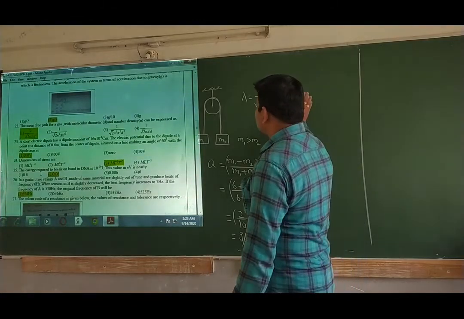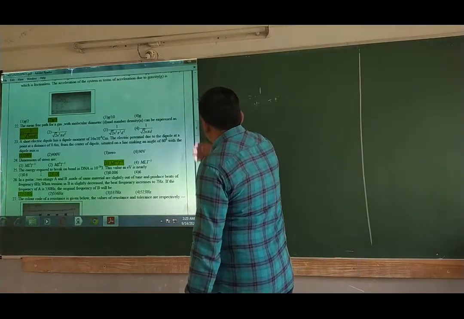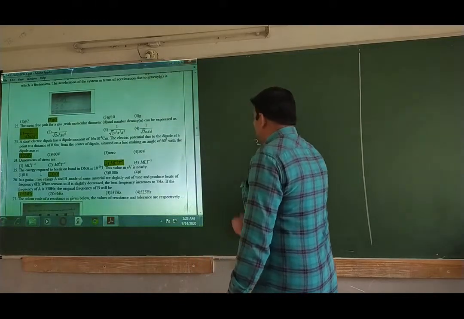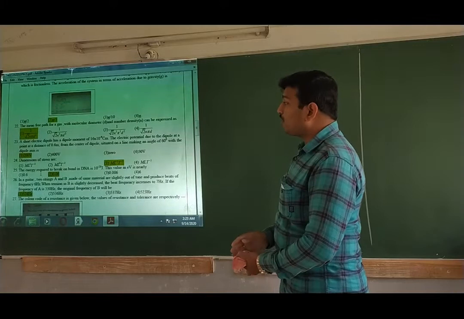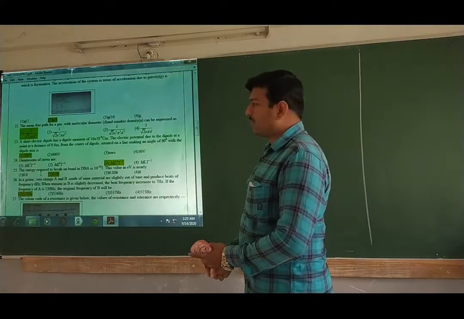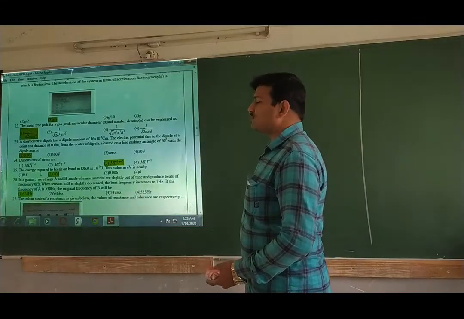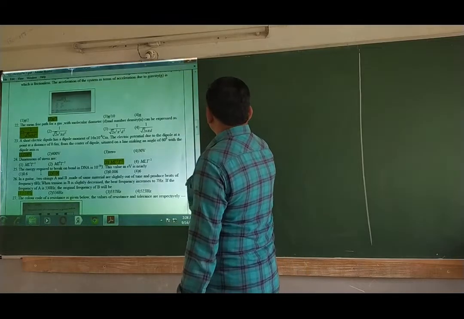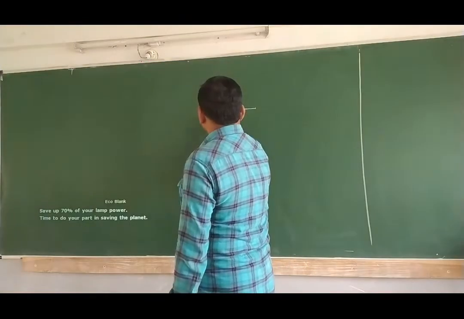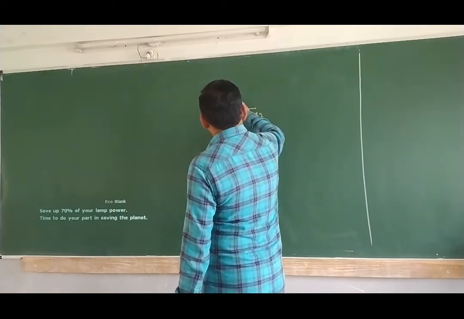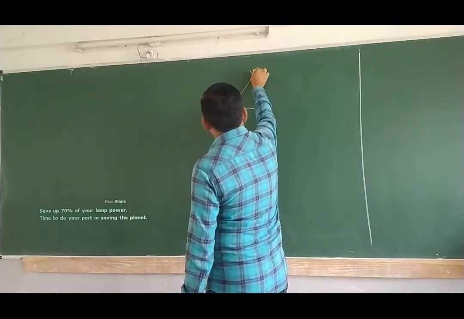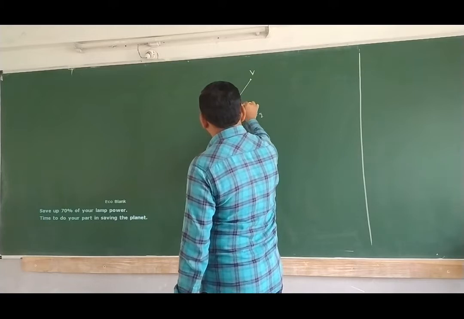So they are asking us to calculate the potential at some point from the midpoint of the dipole. Dipole moment is given as 16 into 10 power minus 9. Distance r is given as 0.6 meter. Look here. If this is a dipole, minus q plus q, this is the point where I need to calculate the potential. This angle is given as 60 degrees.